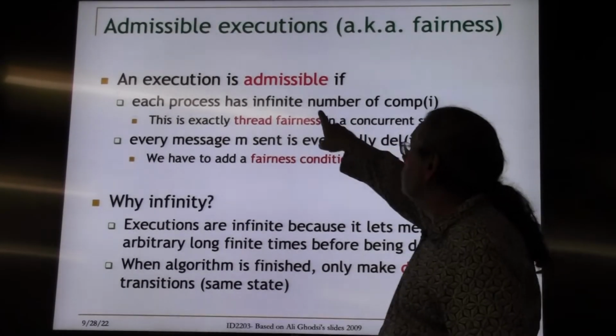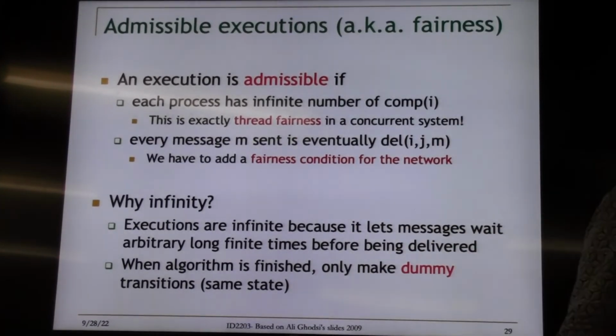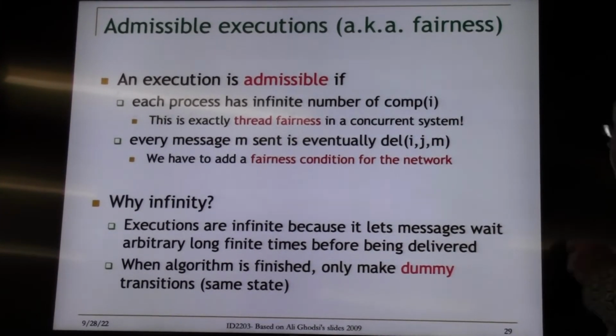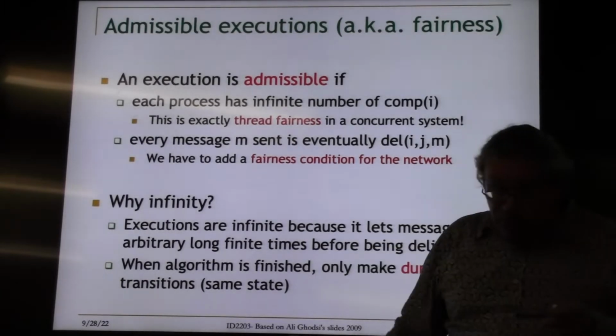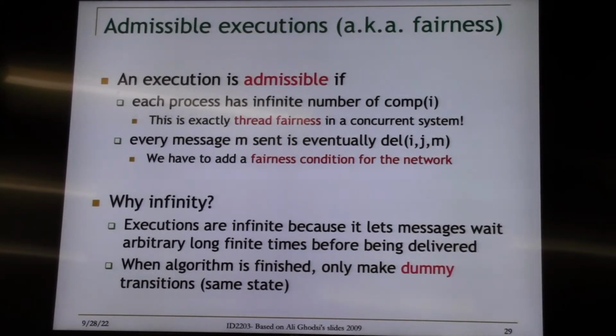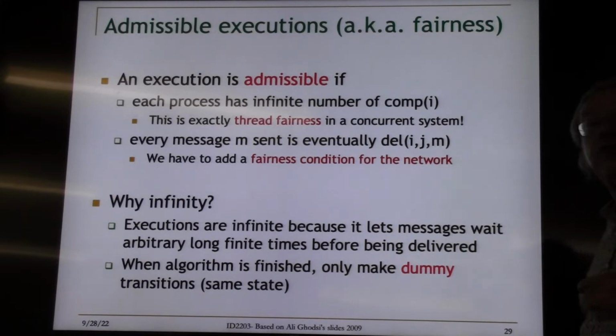Notice executions are infinitely long. Why are they infinitely long? Why not finite length or something? Well, it has to be infinite, actually, because a message can wait an arbitrarily long finite time before being delivered. That's the asynchronous model.